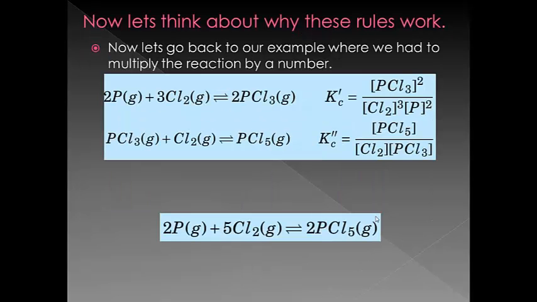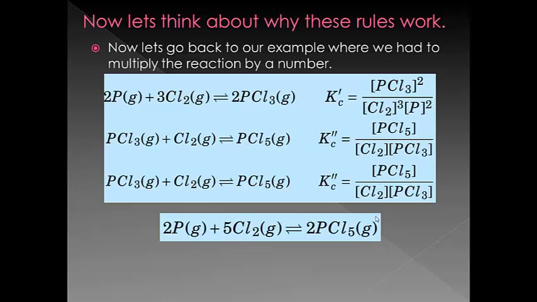Before, we talked about how multiplying the equation by 2 meant that we had to square the Kc. Let's think about this in a slightly different way. Mathematically, there's certainly another way to do this. Instead of multiplying one equation by 2, we could also just add another one of the equations that we need, in this case, the second one.